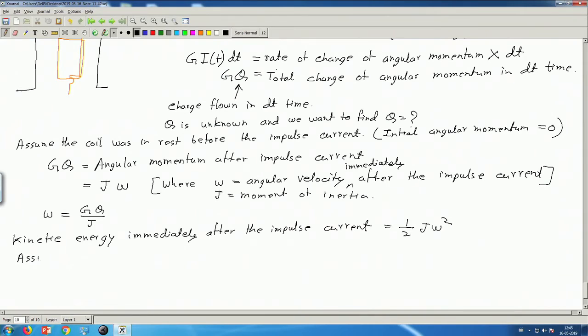So we have to find out with this energy how much this coil can move, and let us assume the coil can move up to an angle, say theta f, for final angle, when the coil will stop. So, assume the coil can move up to an angle theta f with this kinetic energy.